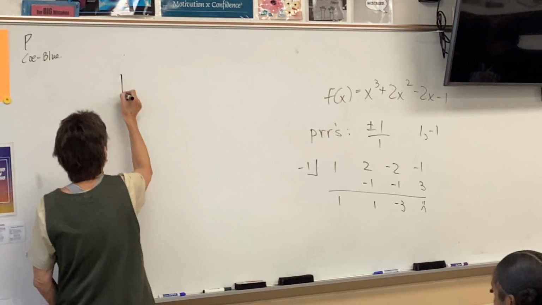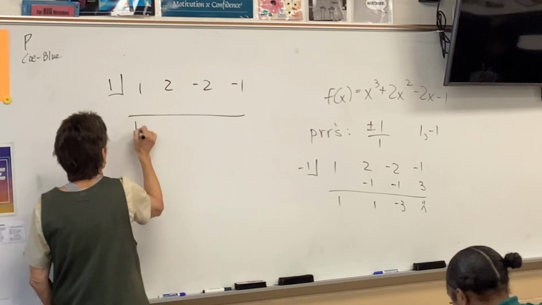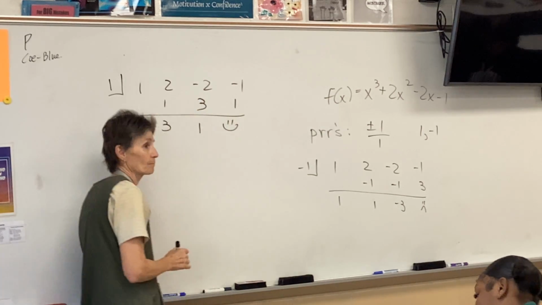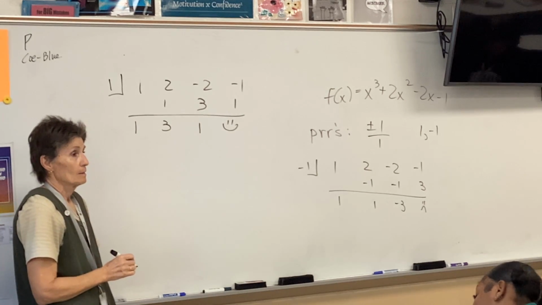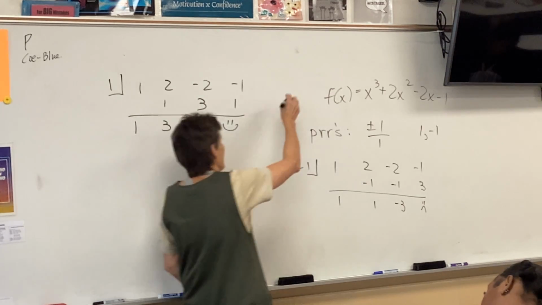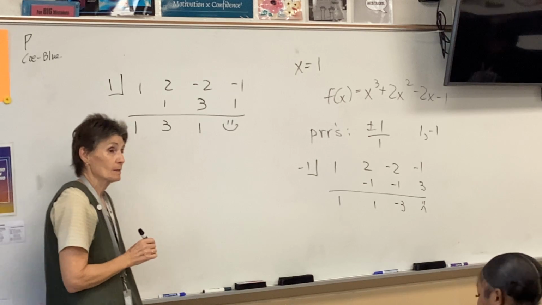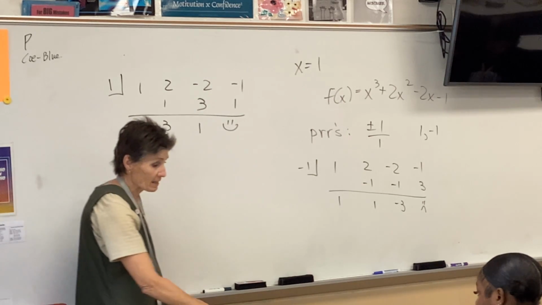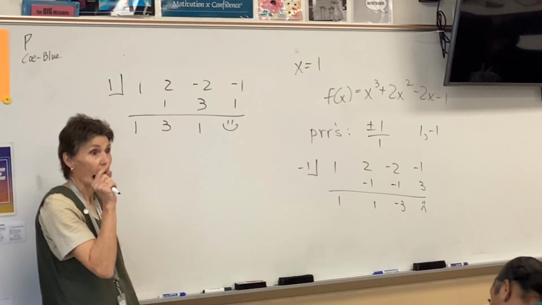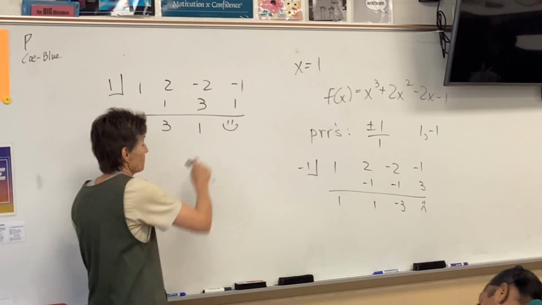So I'm hoping like heck that 1 works. Yep, it does. So what does that mean? That means that one of my answers is 1. If I were graphing, which I am not in this problem, but if I were, there would be a dot at 1. Because 1 gave me 0.